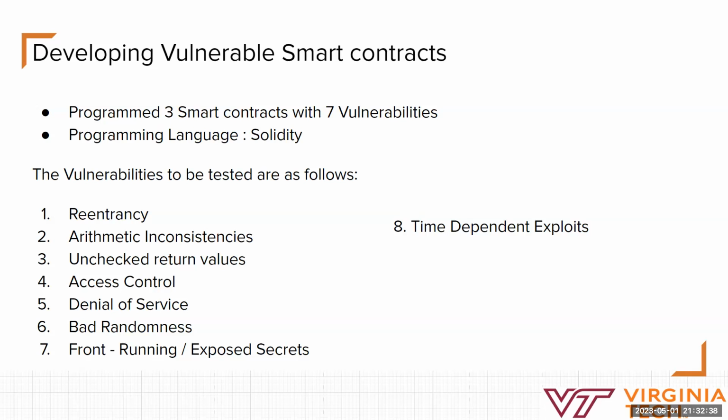Denial of service is a network vulnerability, so I've not explicitly implemented it in my program, but we will rather be discussing a brief overview of how a denial of service works. Then I have bad randomness. Then there's front running or exposed secrets, and time-dependent exploits.